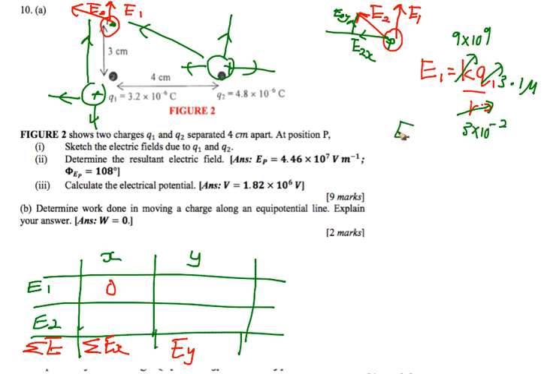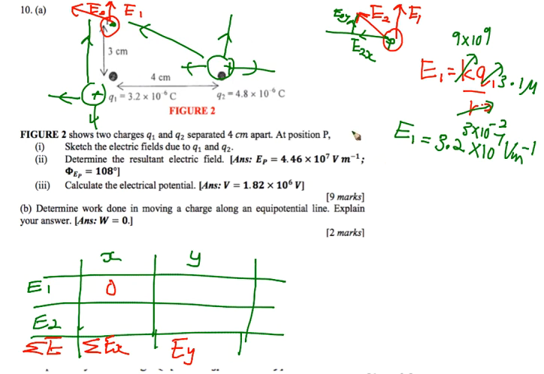So E1 is equal to 3.2 times 10 exponent 7 volt per meter.